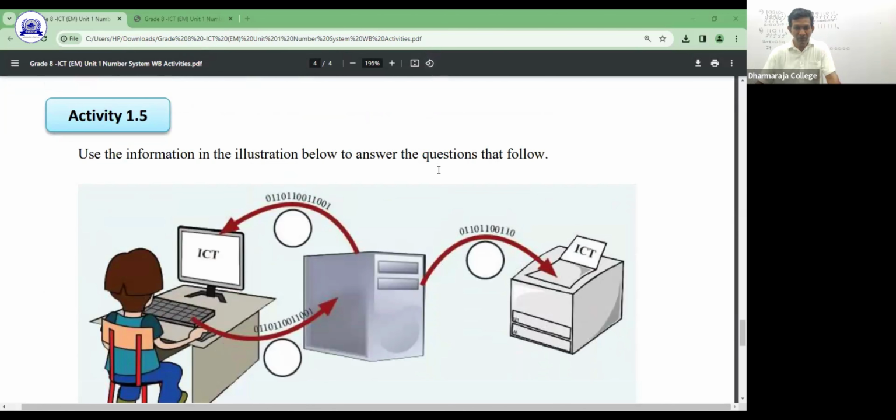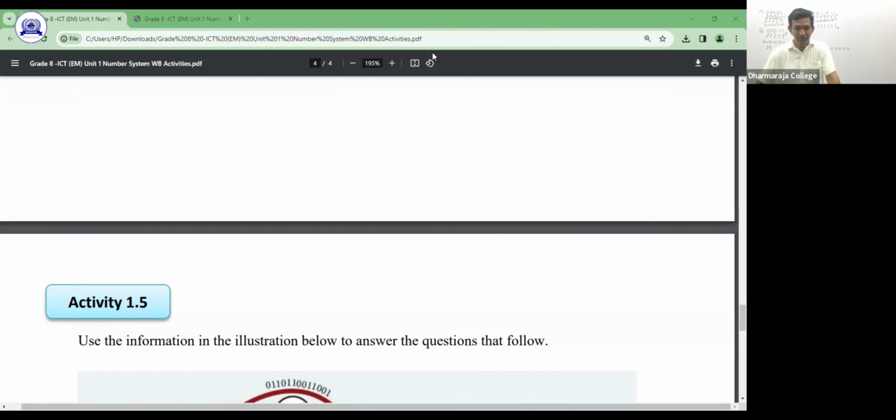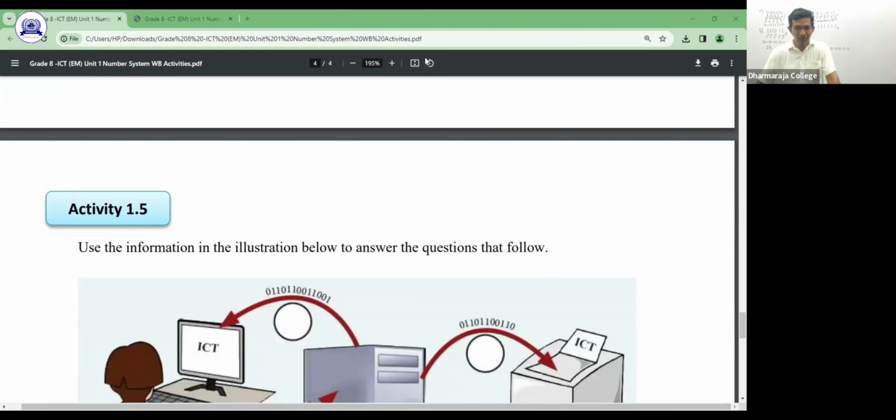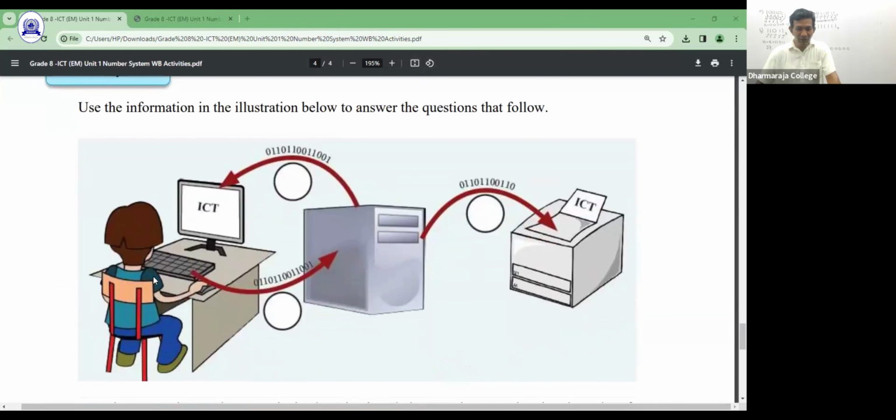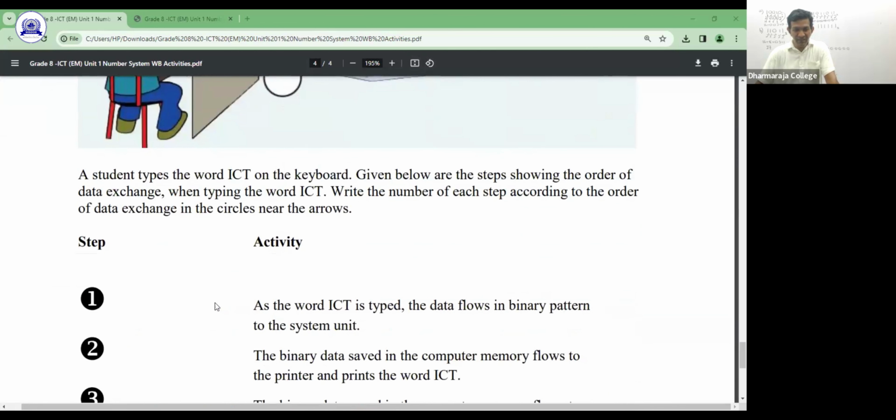So you have to see this. Now what they are doing: I told you, we give the computer an instruction, it converts it into binary, then it sends it to the processor and gets the answer. Right, look at here.